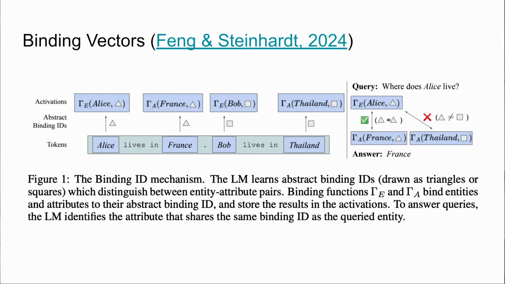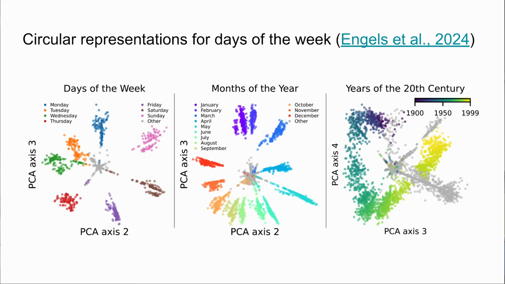This involves a mechanism where models will tag tokens in a sequence with some direction in space, and then the model can later look for the item with the triangle tag or something like that, or the square tag, whatever it is that they're looking for. I think this is a great, really interesting analysis that generalizes really well to other models.